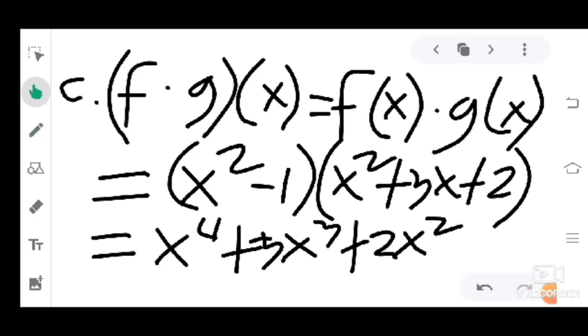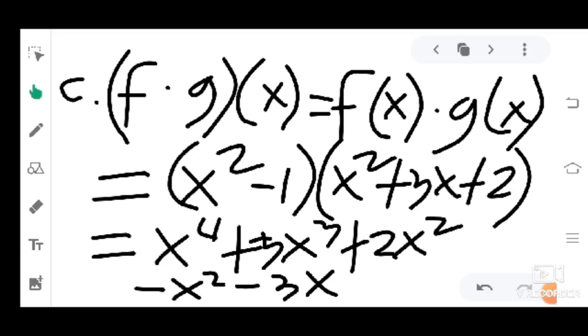While if you distribute the negative 1, you have negative x squared, then negative 1 times 3x, so you will have negative 3x.